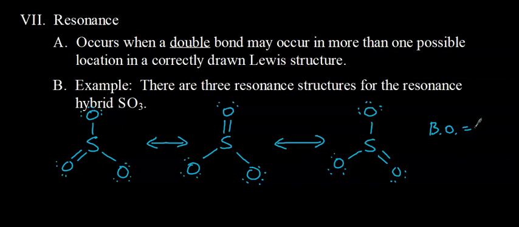This time we have 4 bonds, 4 shared pairs of electrons. Even though a double bond is really 1 bond, we're going to think of it as 2 bonds here. It's 2 shared pairs of electrons. So 4 bonds divided by 3 bonded atoms, we get a bond order of 1.33. And well, that's significant in what I'm about to show you.